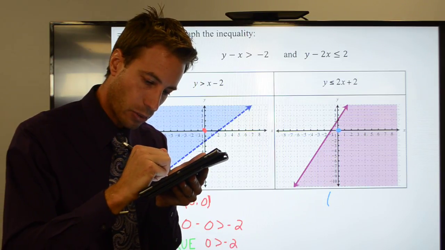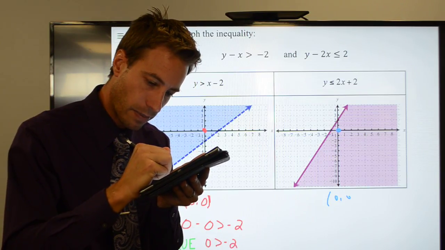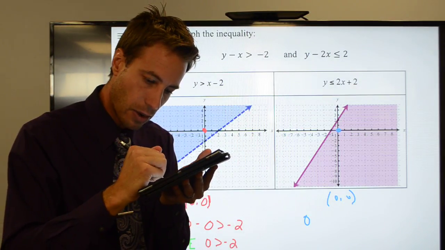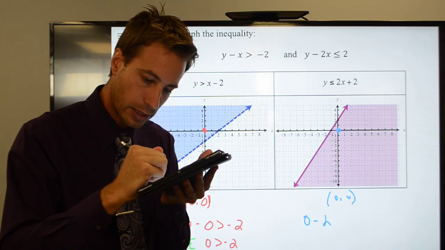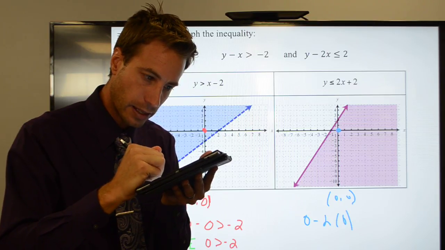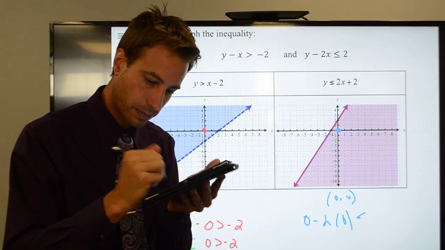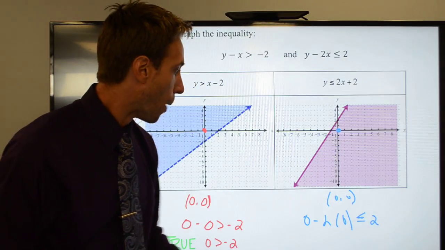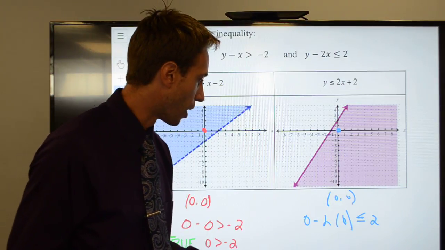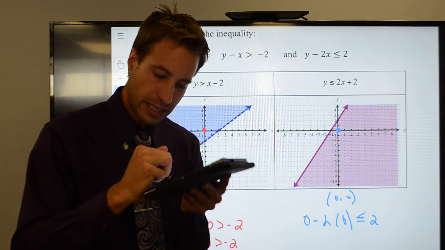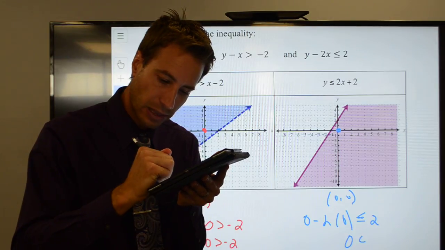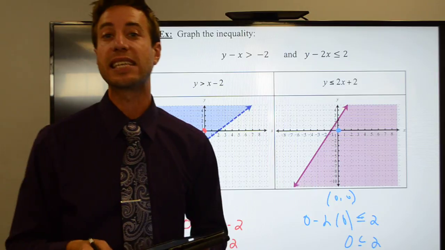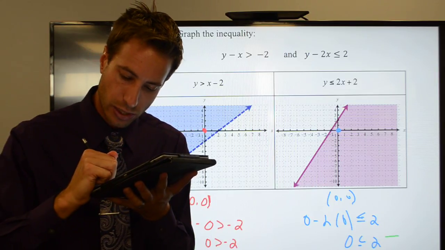We plug that into the inequality I was given. 0 minus 2 times 0 is less than or equal to 2. Well, 2 times 0 is of course 0. 0 minus 0 is 0. And is 0 less than or equal to a positive 2? Well, once again, yes, that is a true statement.